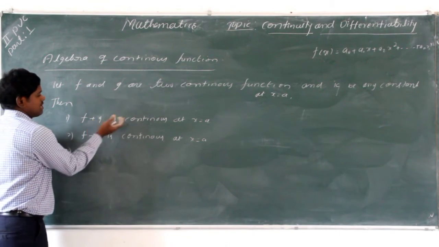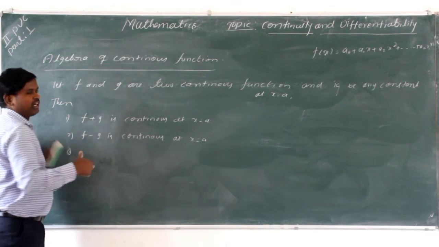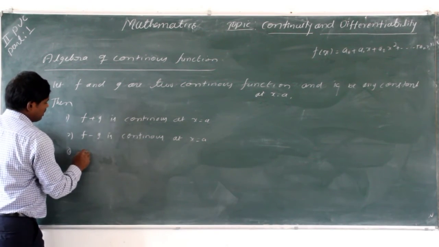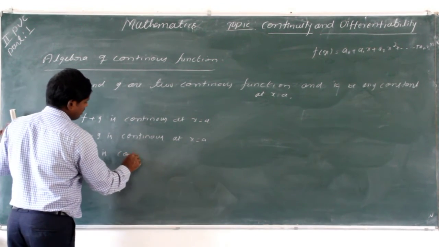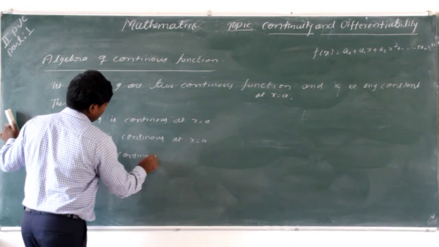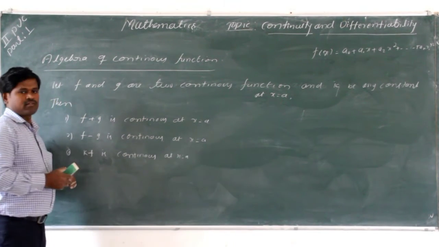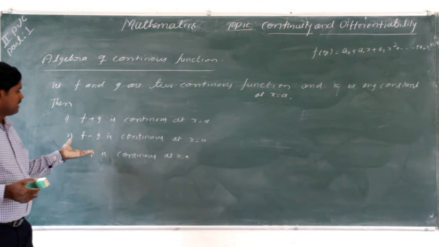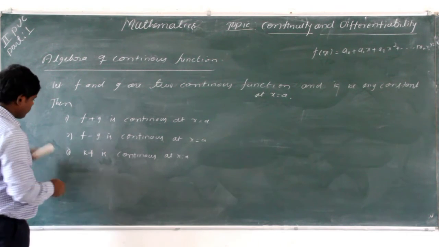That is, f plus g is continuous at the particular point x is equal to a, and the difference of two continuous functions is also continuous, that is, f minus g is also continuous, and k into f is continuous at x is equal to a. That is the scalar multiplication of a function. Scalar is a constant, so if f is continuous, then k into f is also continuous at x is equal to a.